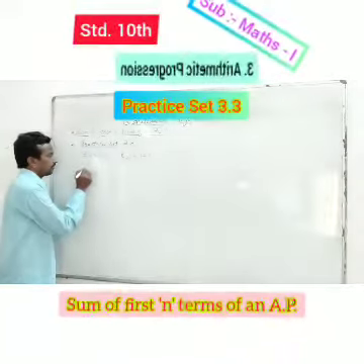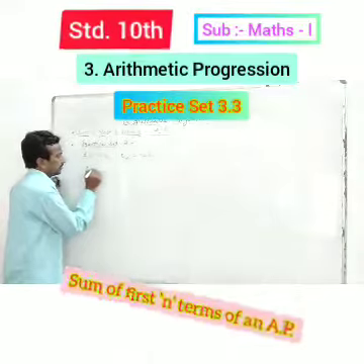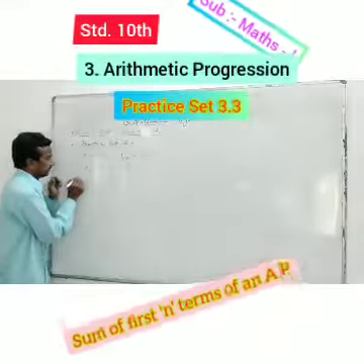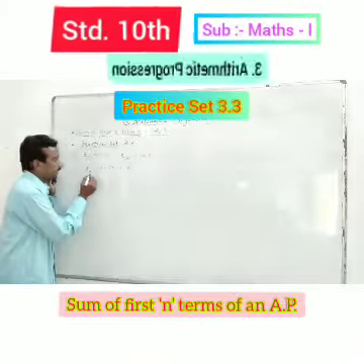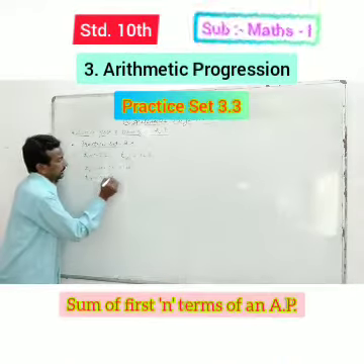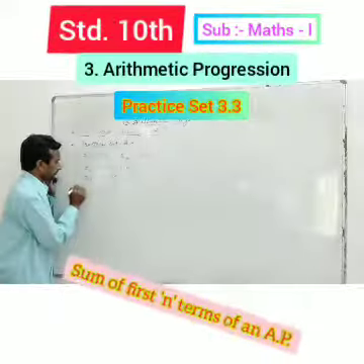We know the formula for the nth term: Tn is equal to a plus n minus 1 into d. The 19th term is given, put n is equal to 19, T19 is equal to a plus 19 minus 1 into d.